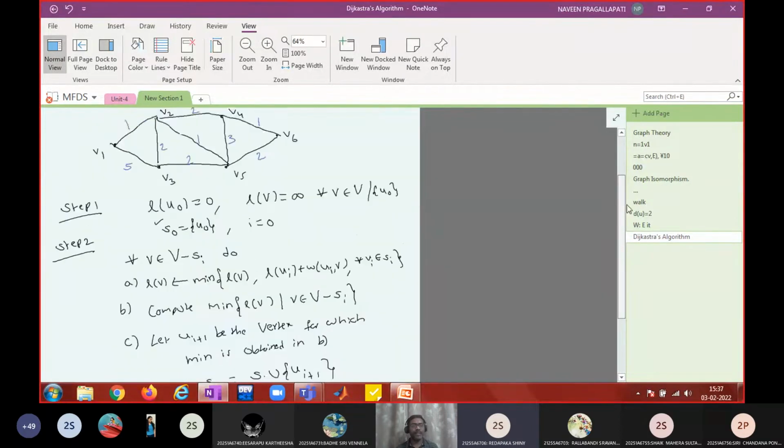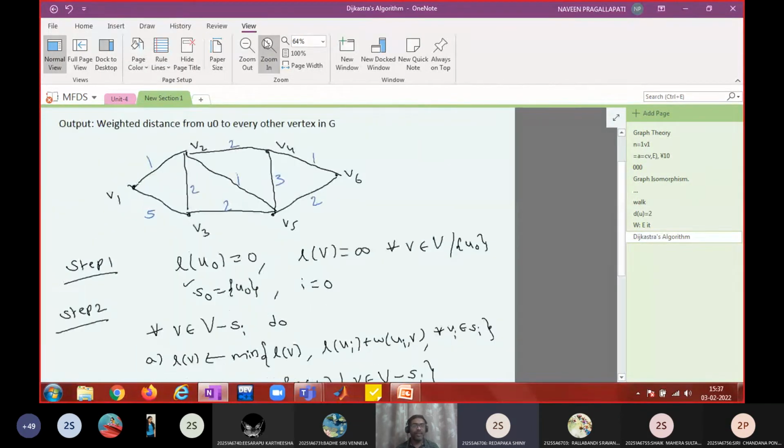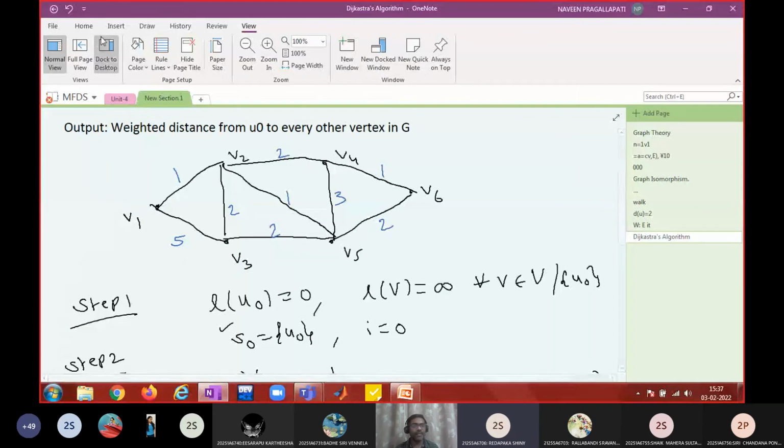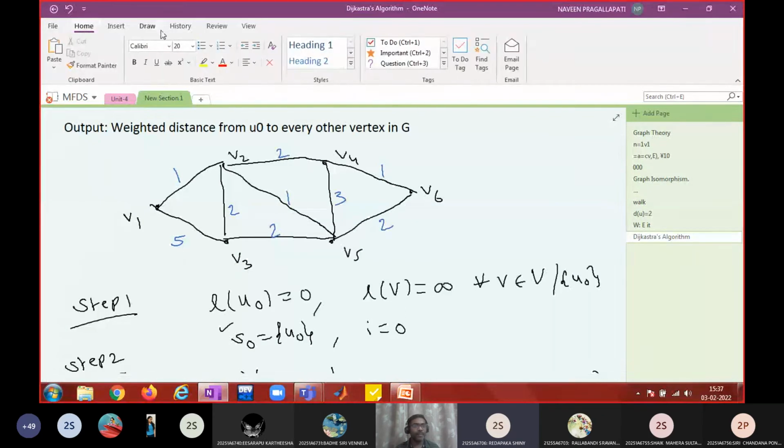Yes, sir. Right. So now I will copy this figure in the next page and implement this one. So draw.